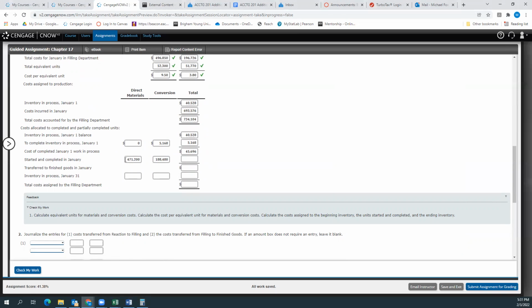Again, I'll just add these two up to get the total cost of what was started and completed. So 471,200 plus 188,480 equals 659,680.